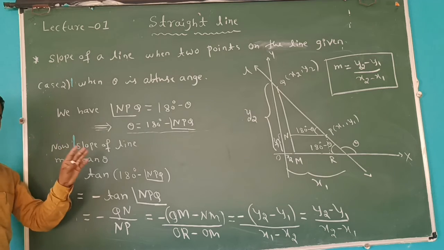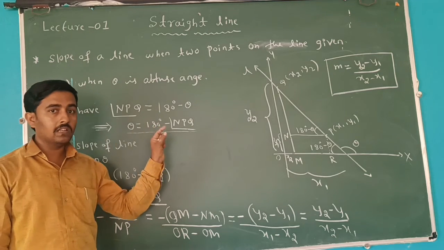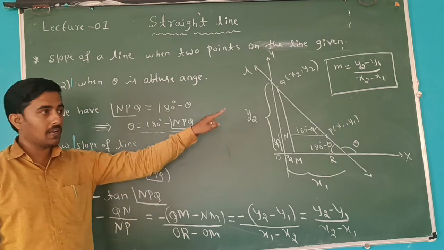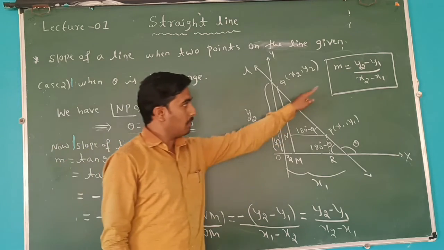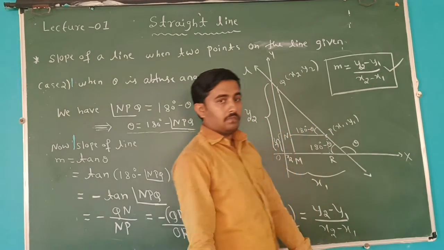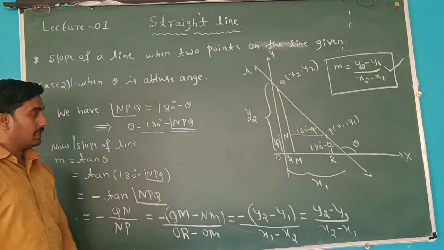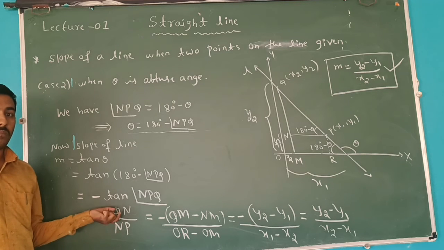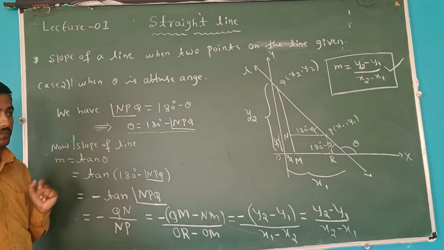When theta is given, slope of the line is m equal to tan theta. If two points are given on the line, then slope m equals y2 minus y1 divided by x2 minus x1. Okay? Note this. Next we will solve some problems on these two concepts.